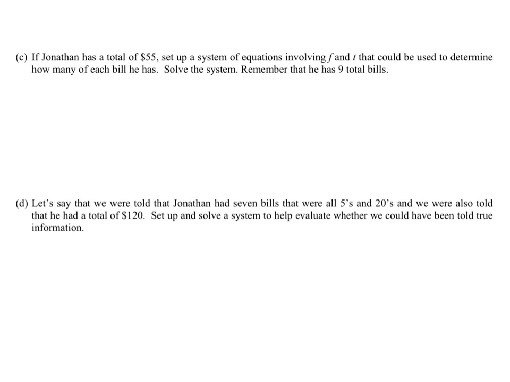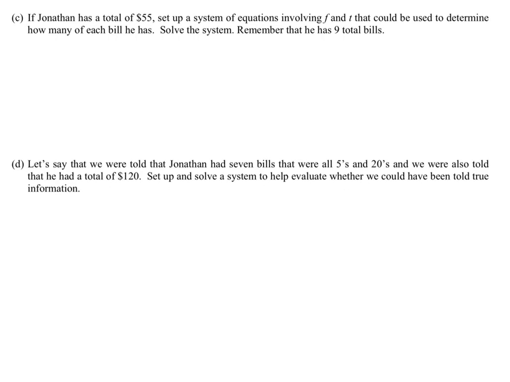So if Jonathan has a total of $55, set up a system of equations involving F and T that could be used to determine how many of each bill he has. Solve the system. Remember that he has 9 total bills.